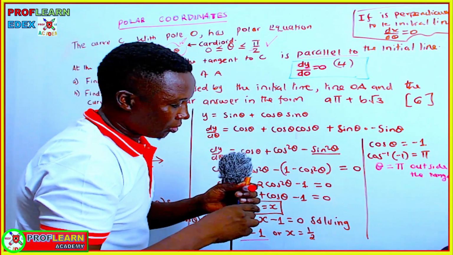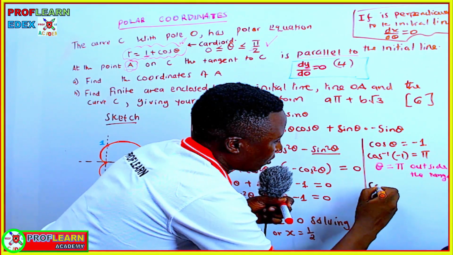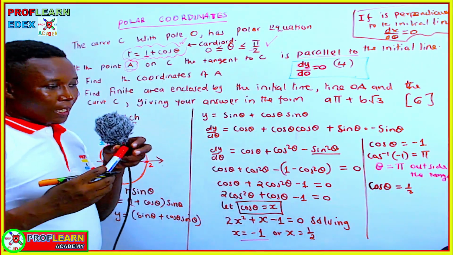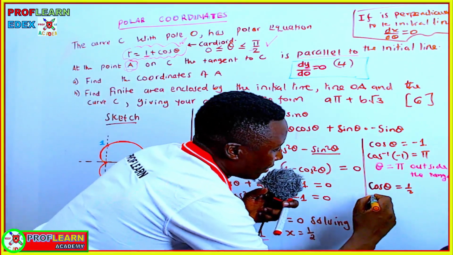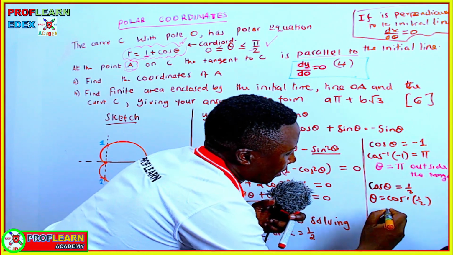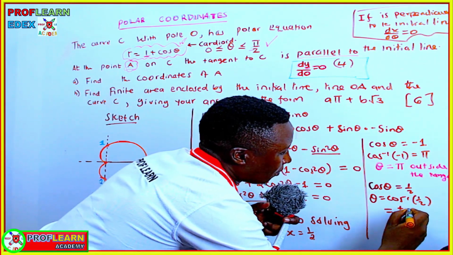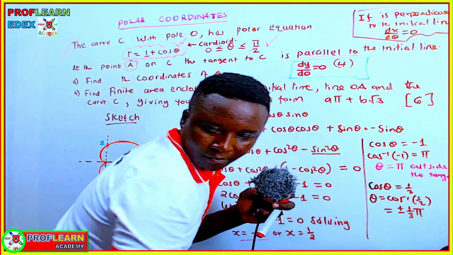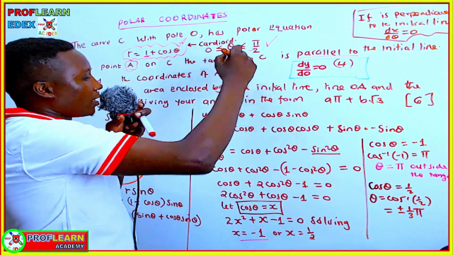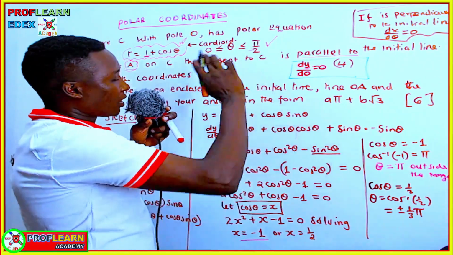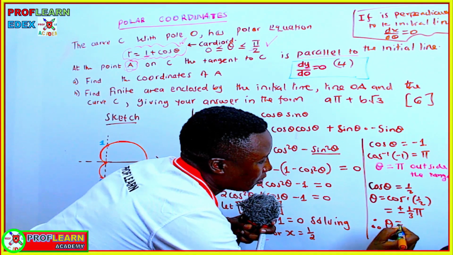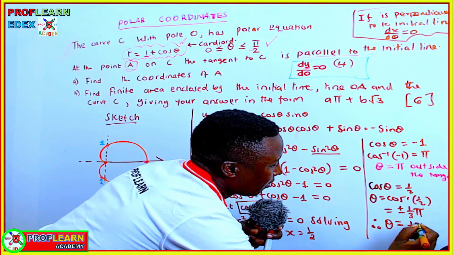The second case, cos theta equals 1 over 2. Theta is cos inverse of 1 over 2, and we get plus or minus 1 over 3 pi. Looking at the range, the negative is outside the range, so therefore theta is equal to 1 over 3 pi.